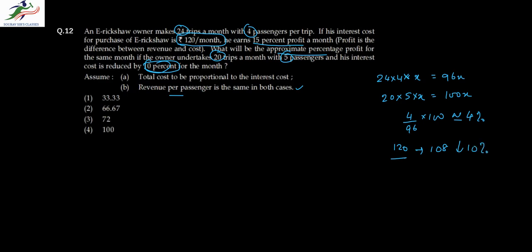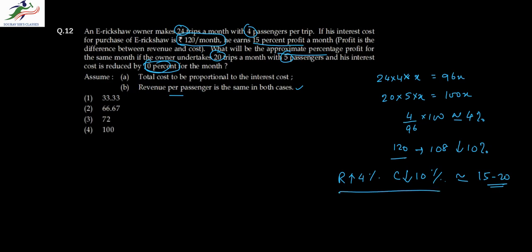So your revenue is going up by 4%, and your cost is reduced by 10%. So your profit will approximately increase by somewhere around 15 to 20% on the same basis.